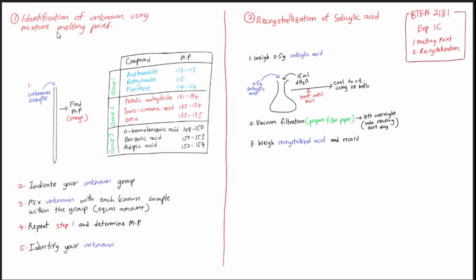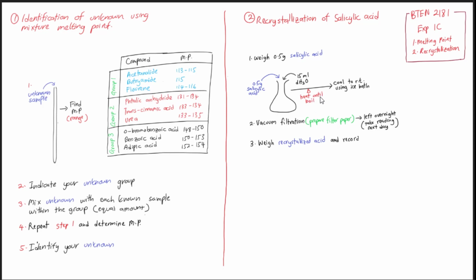Experiment number 2, recrystallization, is the technique to purify your material. This is the method we will use. We take 0.5 g of salicylic acid, put it into a beaker, and pour hot water over it.